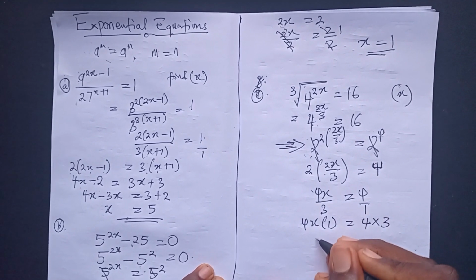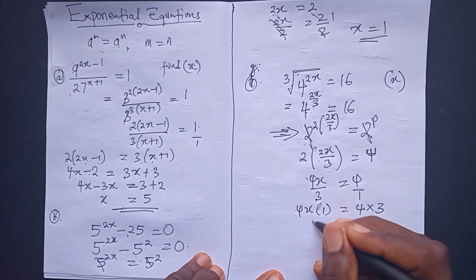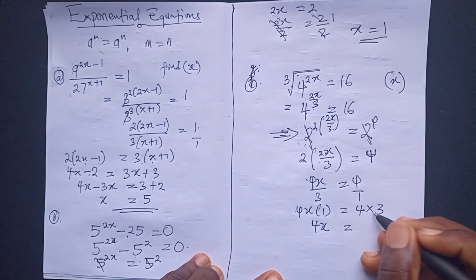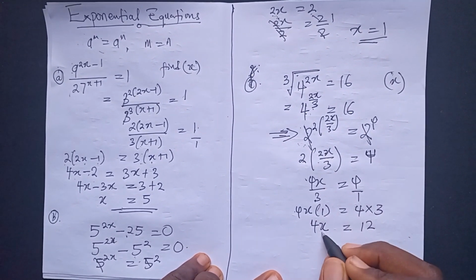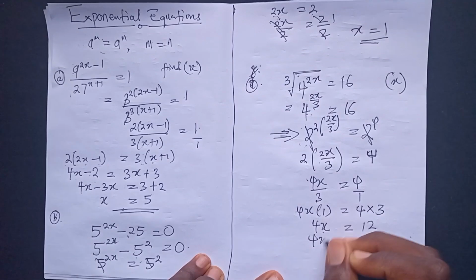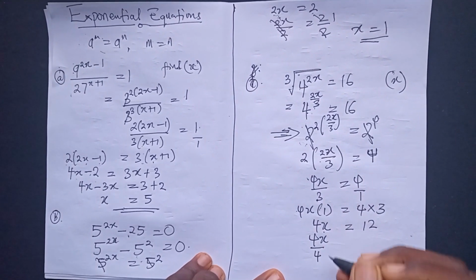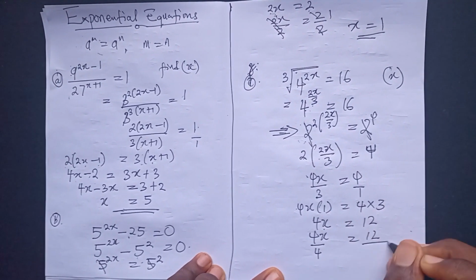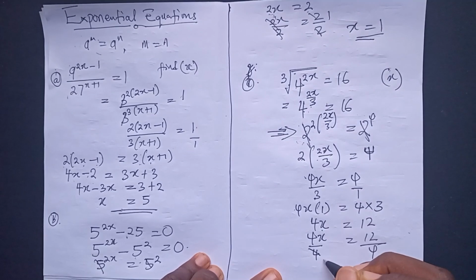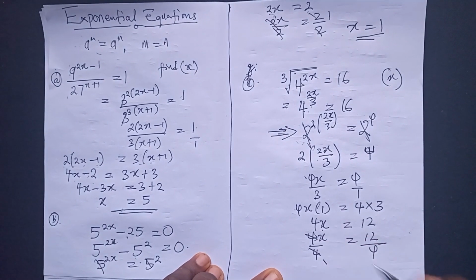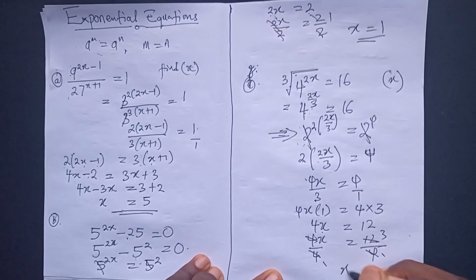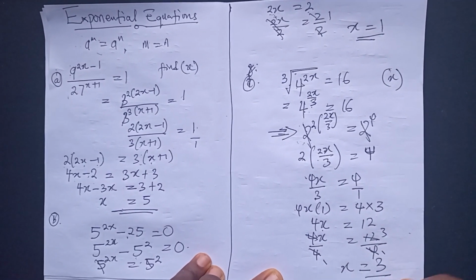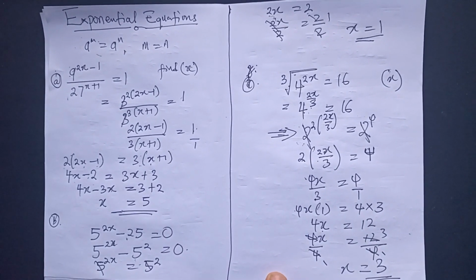So 4x times 1 gives you 4x, equal to 4 times 3, which gives 12. So if we divide both sides by the coefficient of x, which is 4, we have 4x divided by 4 equals to 12 divided by 4. So 4 cancels 4, and 4 into 12 gives 3. So x is equal to 3. This is the solution to this problem.